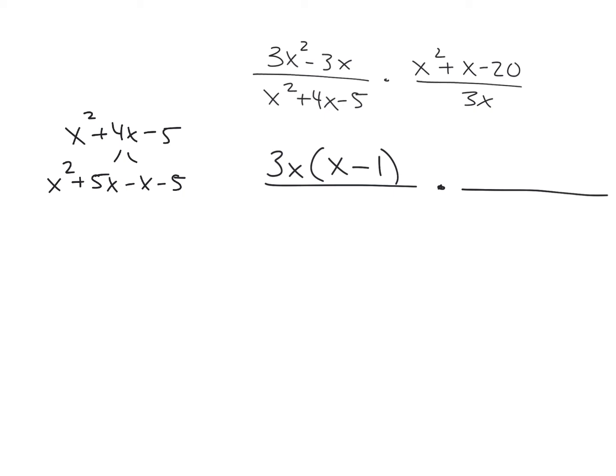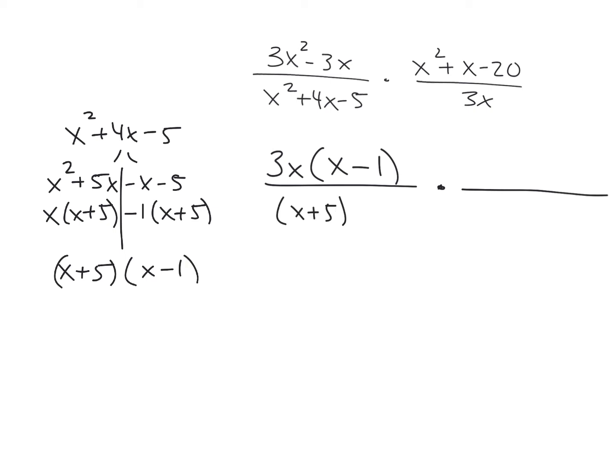That would give me negative 5. But 5 plus negative 1 gives me positive 4, which is the b value. So then I've got x and then x plus 5, x plus 5, and then my negative 1. Now, these factors are what are going to replace the denominator right now. So I've got x plus 5, x minus 1, and there we go.